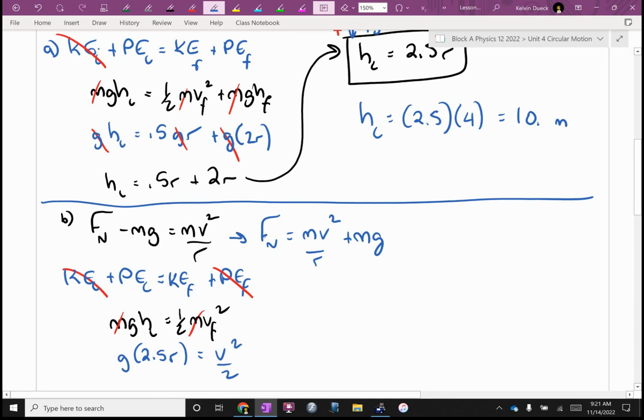I turned the 1/2 into a 2 on the bottom. Actually, you know what? There's a v squared in the equation over here, so let's get the v squared by itself. How will I move the 2 over? V squared equals 2 times g times 2.5R. You know what? V squared equals 5gR.